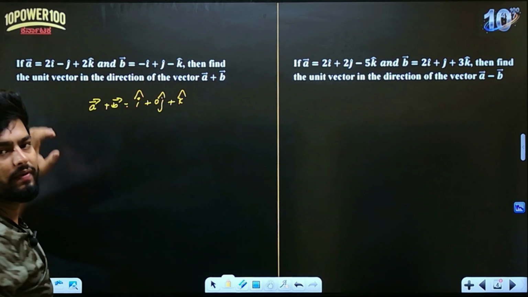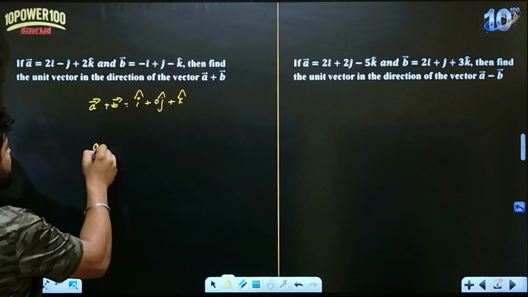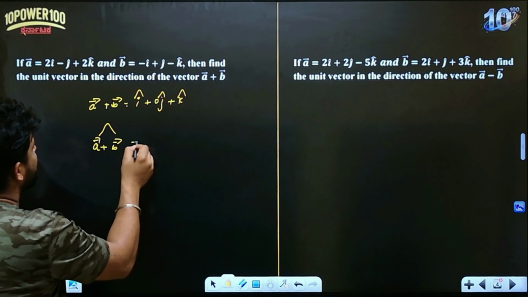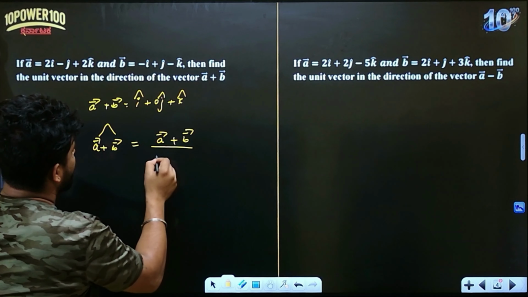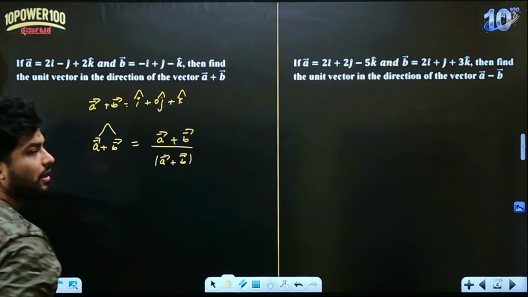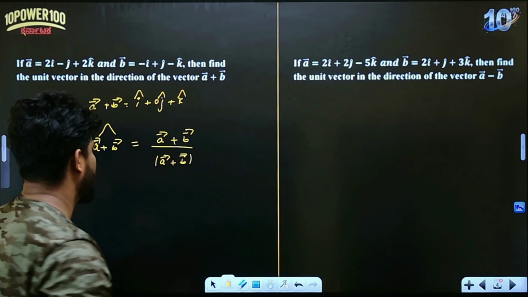Now for this we have to find out the unit vector. So vector A plus vector B whole cap is equal to vector A plus B divided by magnitude of vector A plus B. We can also consider this as one more vector C and find C cap. No problem.